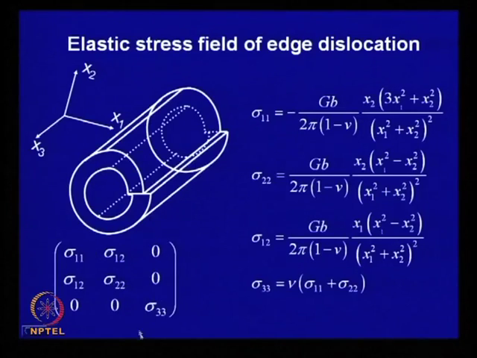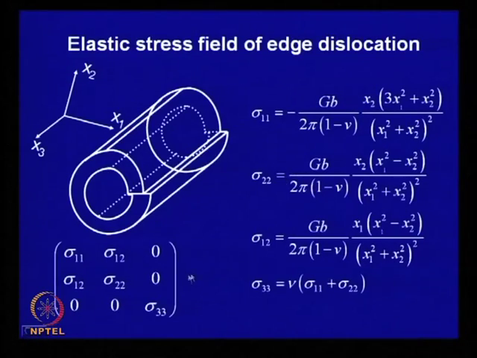In the upper half, where you have an extra plane of atoms, it is compressed, so you have a compressive stress. Whereas in the bottom half, where x2 will be negative, you will have a tensile component.